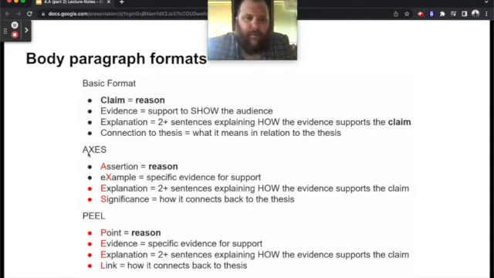And there are different methods, the axis method, the peel method. It's the same pieces, guys. So if you want to take a screenshot of that, write that down. If that helps you, pause the video and write it down. Whichever one, maybe one of them speaks more clearly to you, take it. That's great. But no matter the format that you choose, we today are talking about the evidence, right? Or the example, or here, the evidence. All right, that's what we're trying to do.